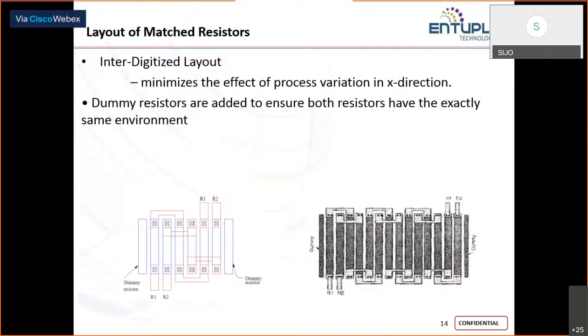Suppose you want to match two resistors R1 and R2; we have arranged them in an interdigitized pattern. You might have seen many patterns like ABBA or ABAB. We will come back to those interdigitization techniques for matching in detail in the coming slides.